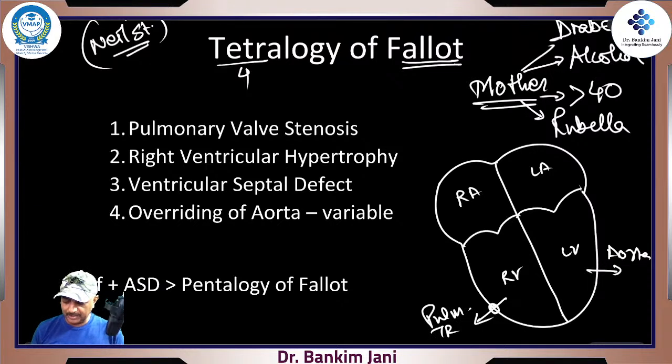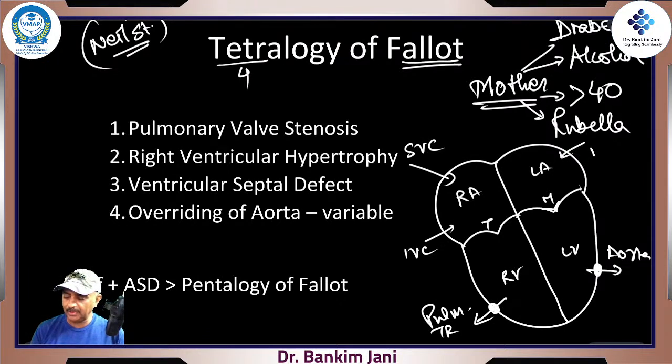There would be a valve here, the pulmonary valve, this would be the aortic valve, this the mitral, this the tricuspid, and over here the superior vena cava, this the inferior vena cava, and the pulmonary veins from both sides finally enter this system, and circulation keeps going.